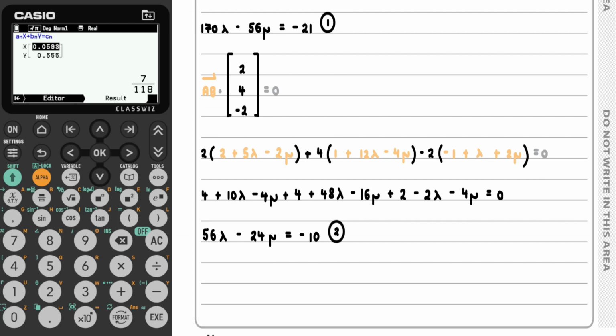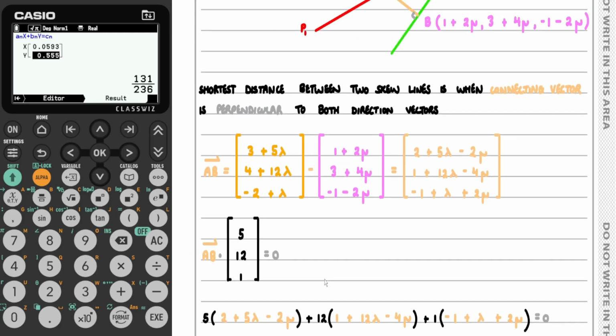So we've got lambda equals 7 over 118, and mu equals 131 over 236. What we can now do with these is substitute this back into AB.